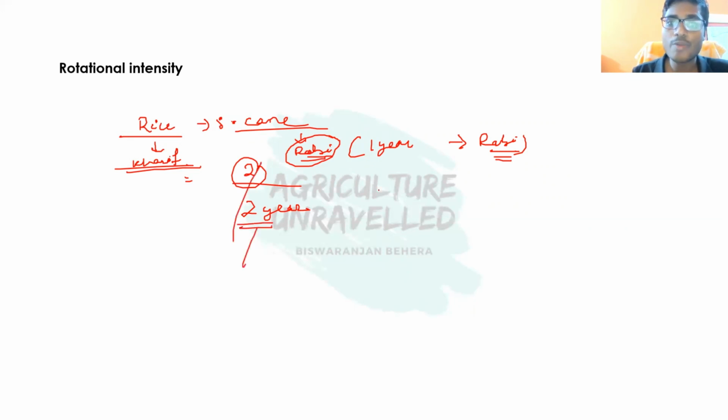So 2 divided by 2, into 100, the rotational intensity in this case will be 100%. So anywhere you see a sugarcane crop, you have to consider the duration of sugarcane as 1 year. For other field crops like rice, wheat, maize, we just consider a season, but in the case of sugarcane, we have to consider the whole 1 year as the duration of rotation.